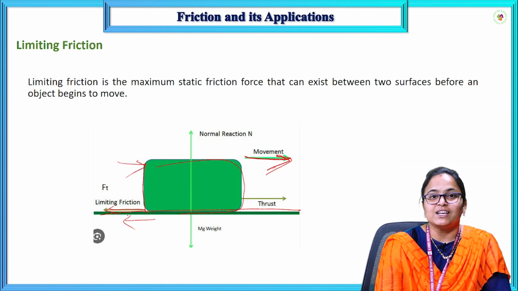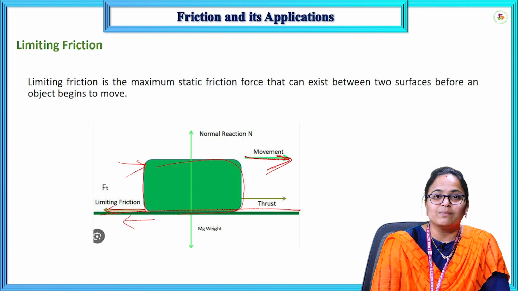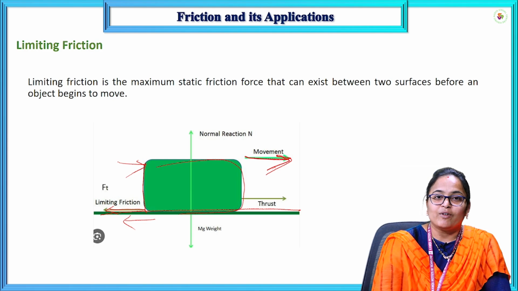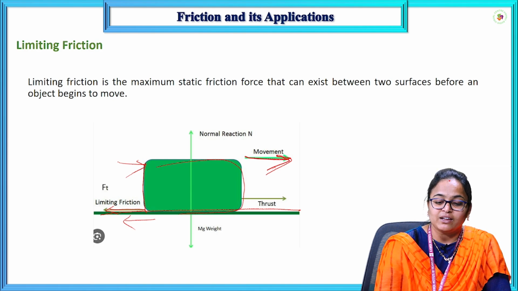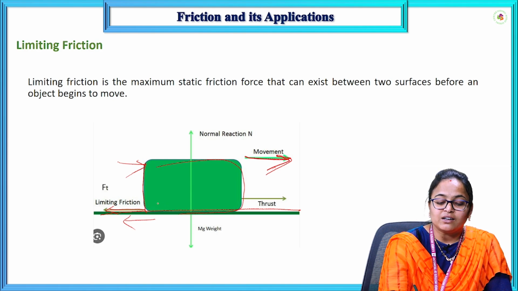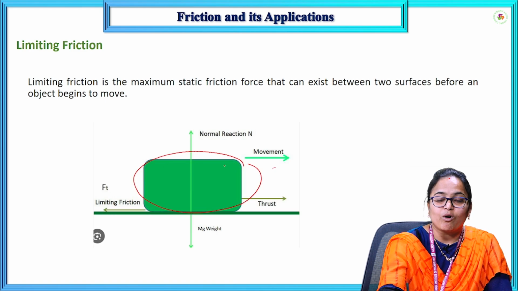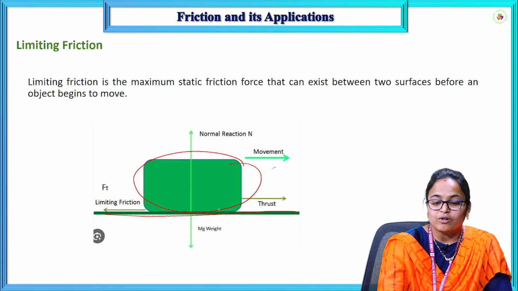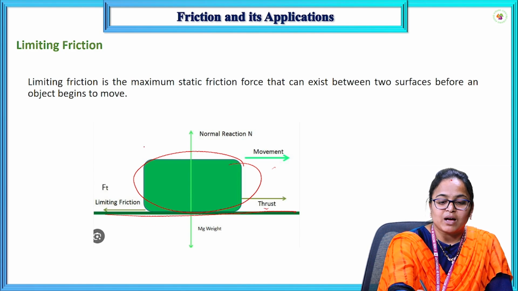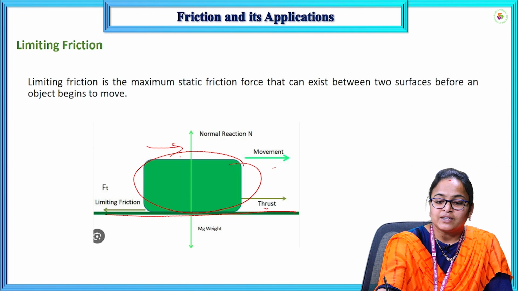So limiting friction is nothing but the maximum friction that exists between the two contact surfaces when an object just begins moving. So here we can see the block. We can observe this block is resting on the floor. If we apply some applied force like this, there will be a movement in the direction of the applied force.